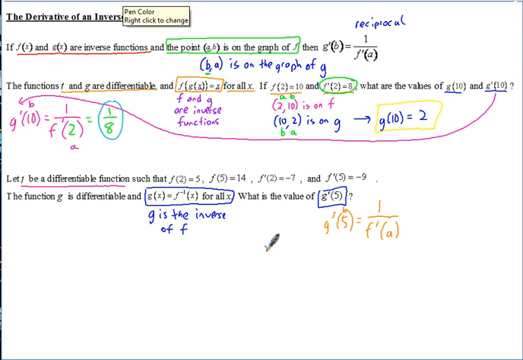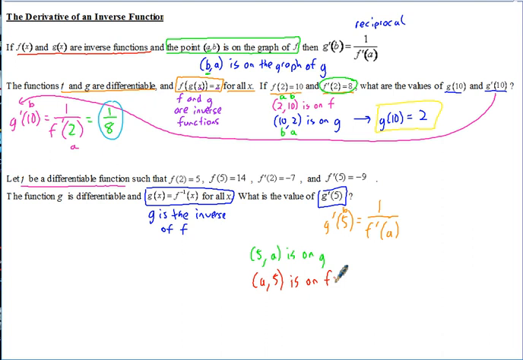So we can say, all right, well, we know (5, a), we don't know what a is, that's the point on g. Remember, we're always going to find (b, a) to be the point on g. Well, if that's the point on g, that means since f and g are inverses, if we reverse that around, (a, 5) is on f, the original function.